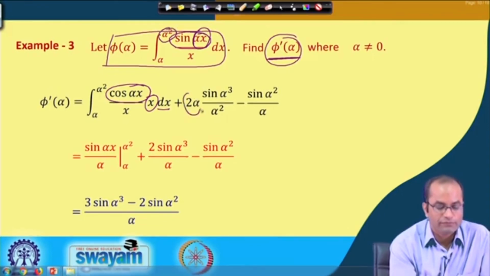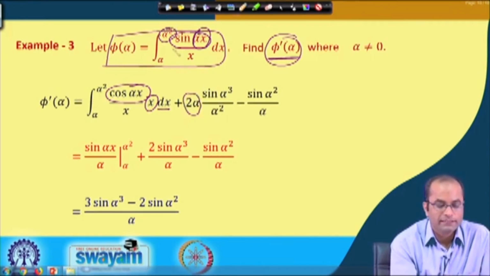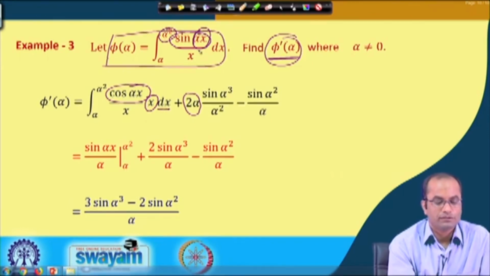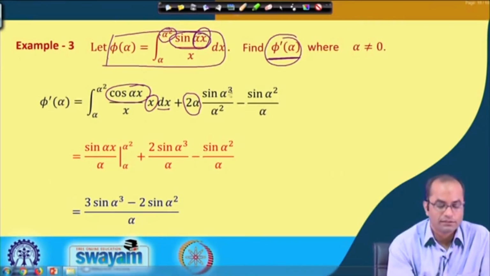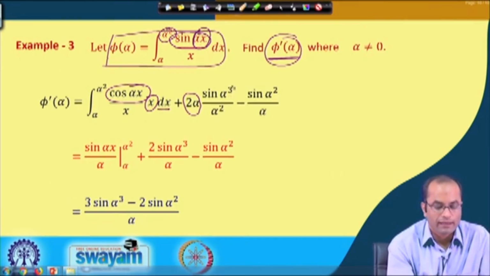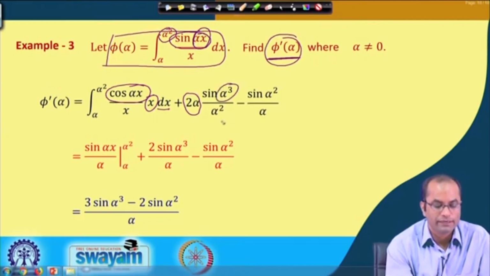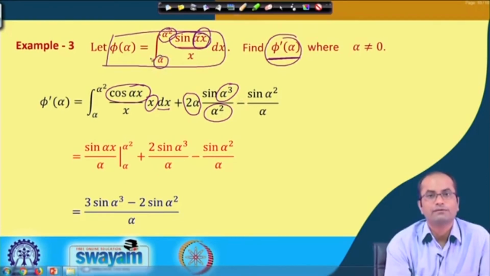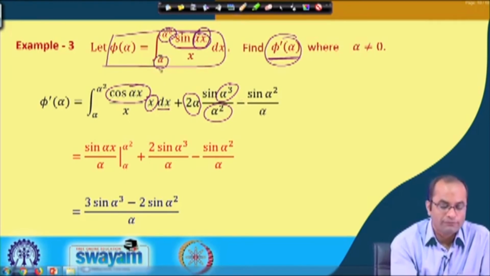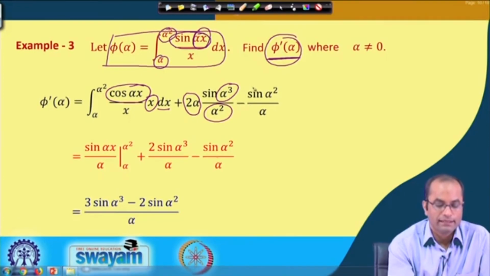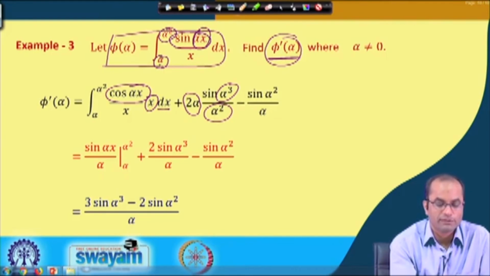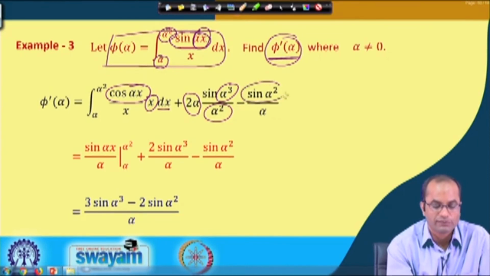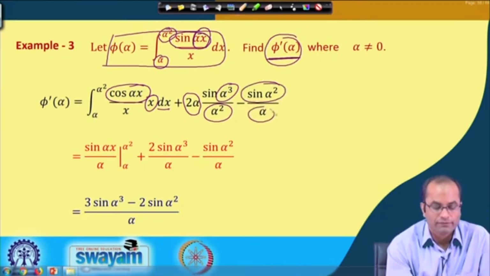So, that is 2 alpha, and then in the integrand we will substitute alpha square for x. So, we have sin alpha cube over alpha square, and minus the derivative of the lower limit alpha with respect to alpha, which is 1 here, and then sin alpha x, so x will be replaced by alpha. So, sin alpha square and then here alpha.